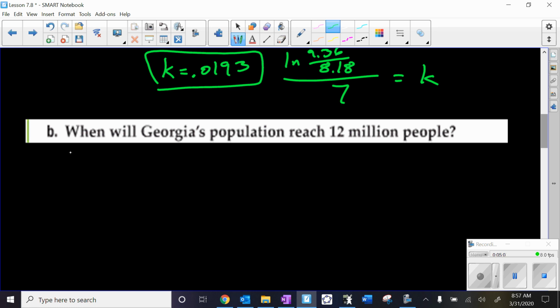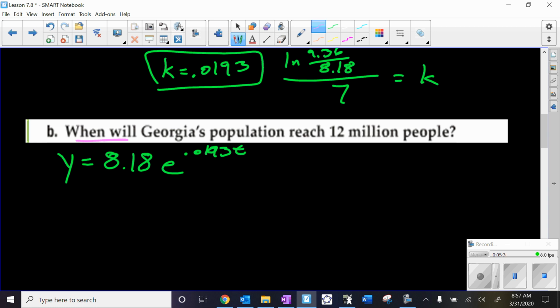I'm going to actually write the equation now. So in terms of Georgia's population, we had y equals, our initial value is still 8.18, e to the, now I know my k, 0.0193 times t. Part B asks, when will Georgia's population reach 12 million people?